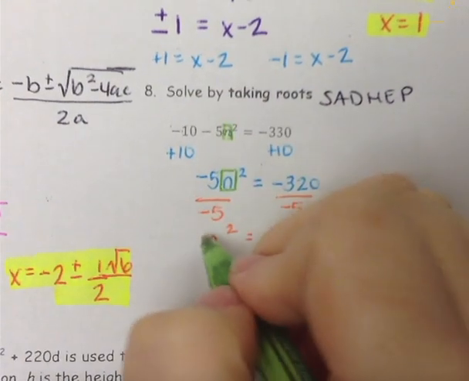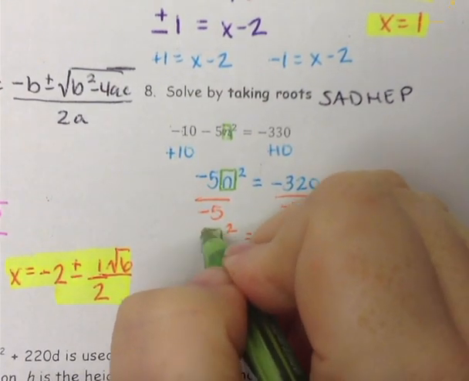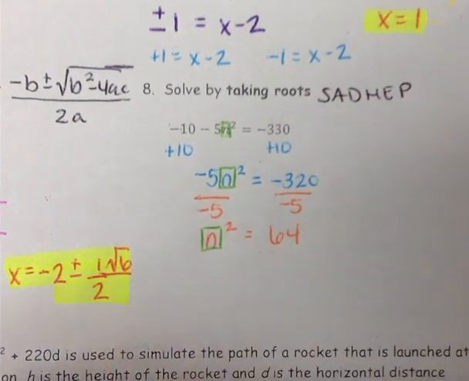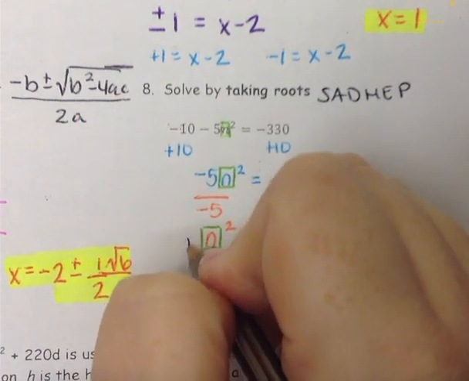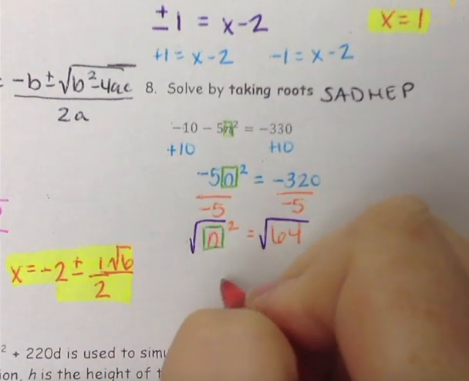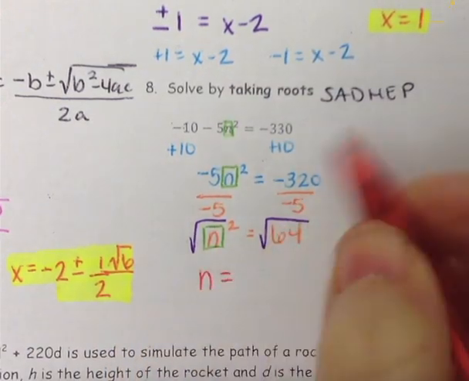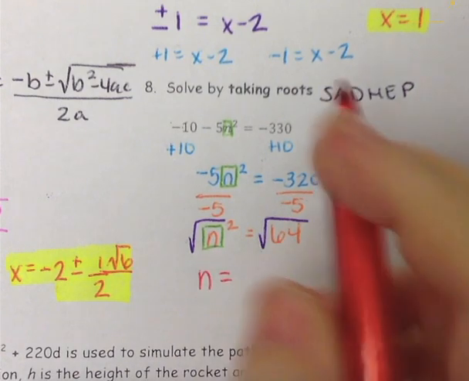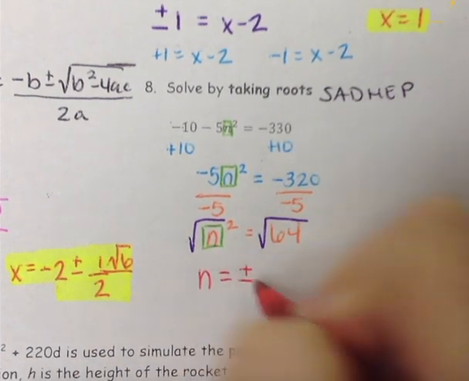We are still trying to solve for that n. The only thing left on it is that squared, which is the exponent. So to undo a square, you square root both sides. Then you'll end up with n equals, because the square root of n squared is n. When you take the square root of a value, you have to put the plus or minus.